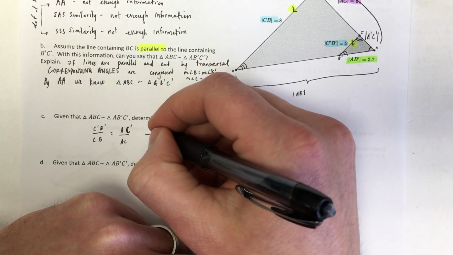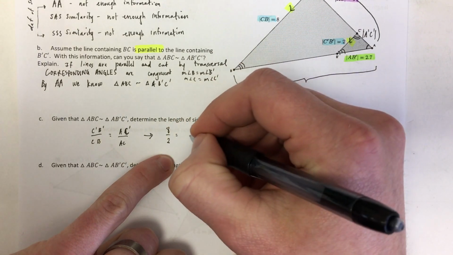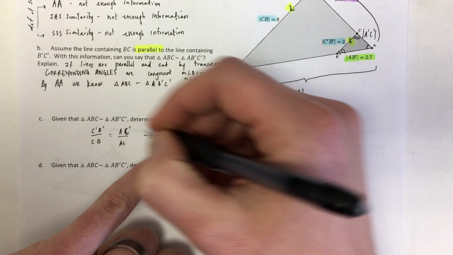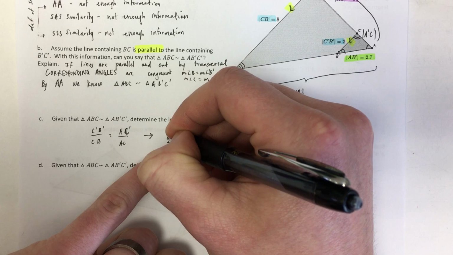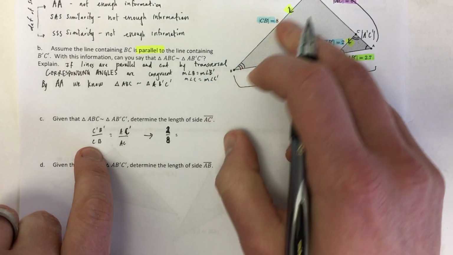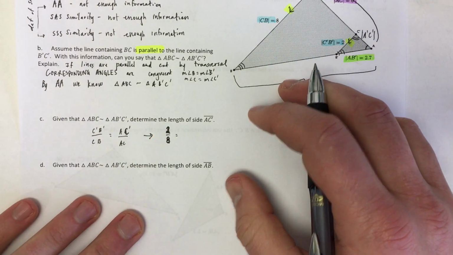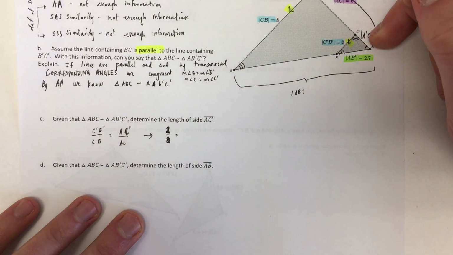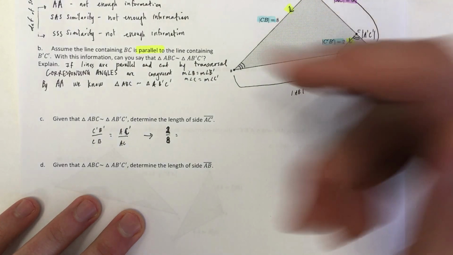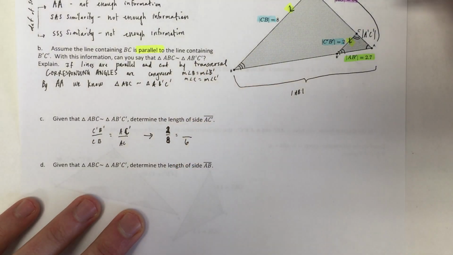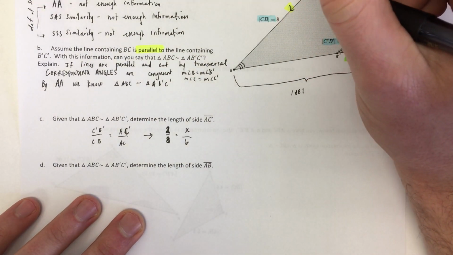And how that's going to look is 8 over 2 is equal to, messed that up, 2 over 8. So CB is 8, C prime, B prime is 2, so definitely always check when you're doing these things out. And so I have AC is 6, and A prime, C prime should be x.